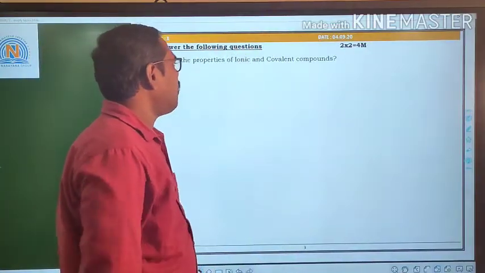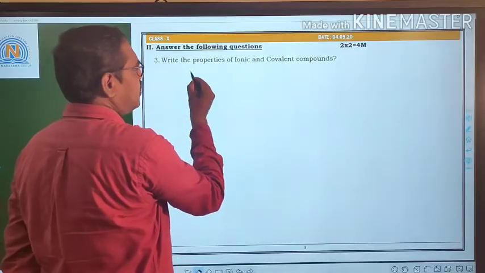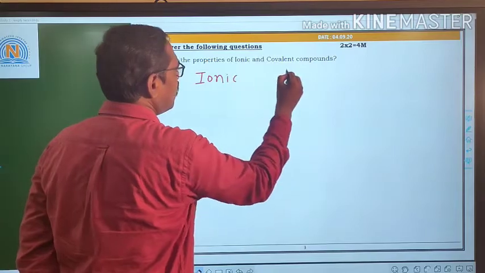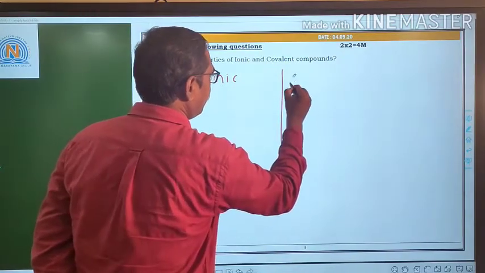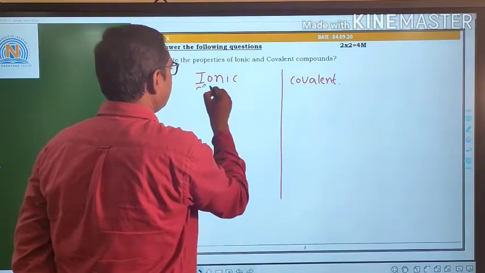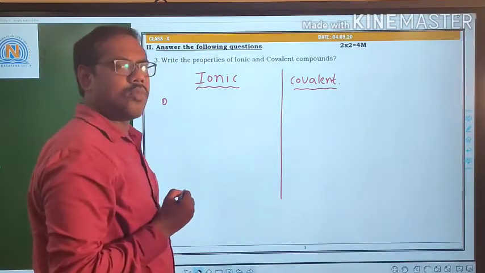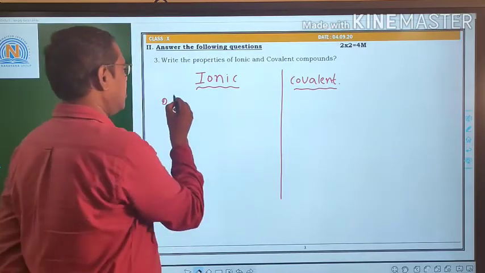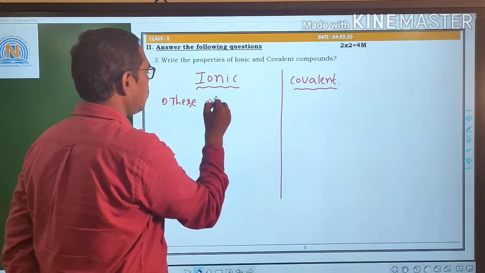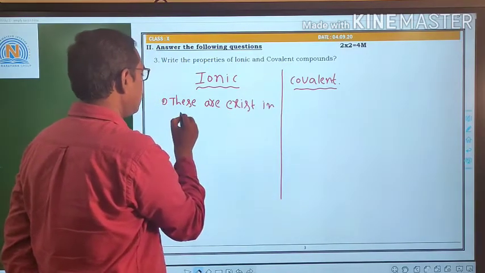Next, write the properties of ionic and covalent compounds. Here, the differences or properties between the ionic and covalent compounds. First one, generally the ionic compounds exist in solid state.